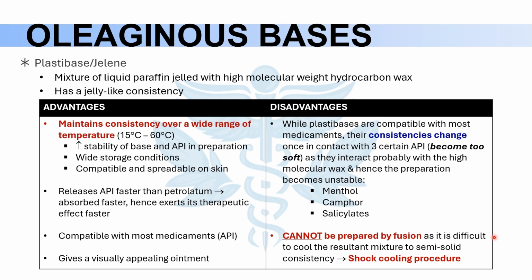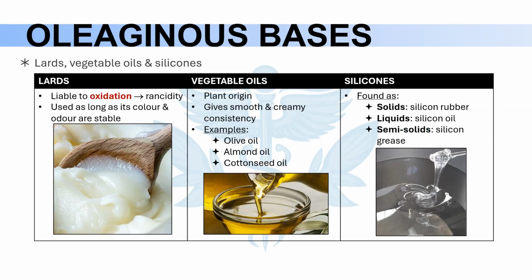So the solution to this is to follow the exact same steps as we normally would in fusion, but when we come to cool, we do the shock cooling procedure, where very rapid cooling occurs. This will give us the semi-solid consistency that we are aiming for.